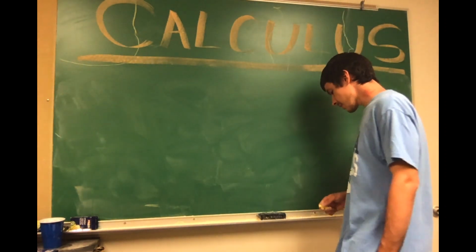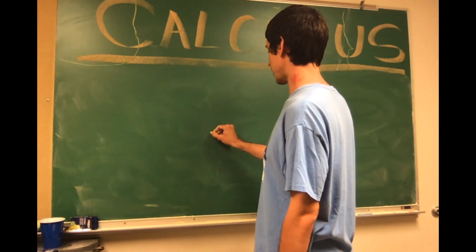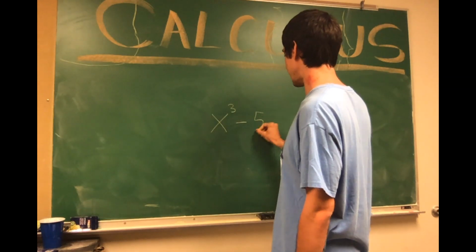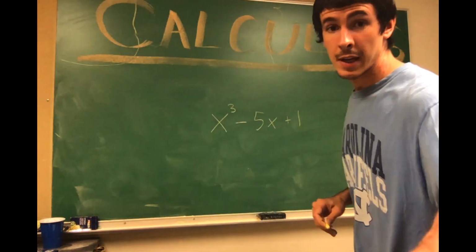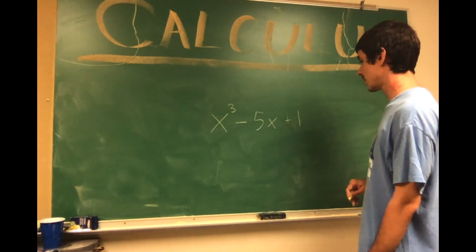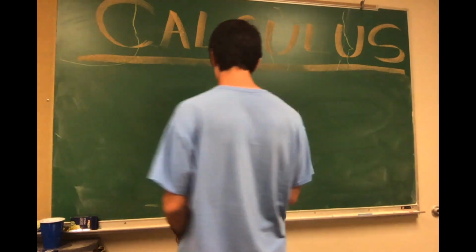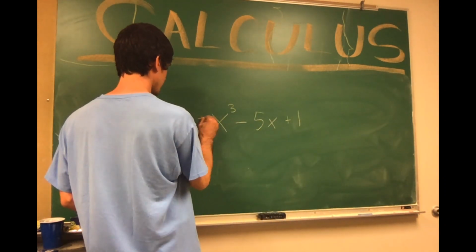So let's say we have a polynomial x cubed minus 5x plus 1, and let's find where the maxes and mins are of this polynomial. So f of x equals this.